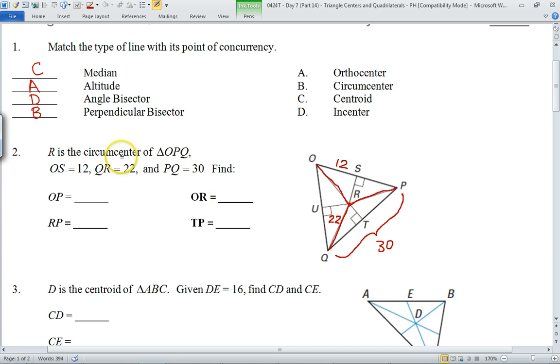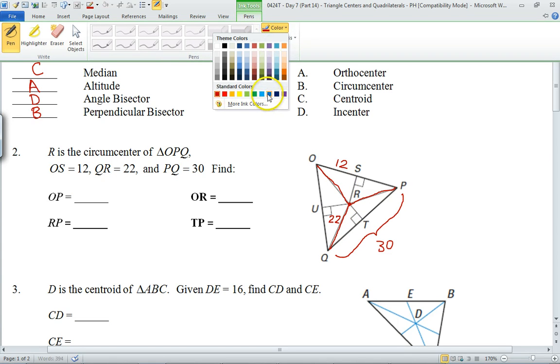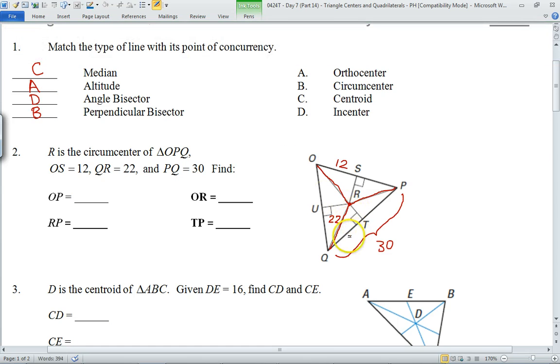Now, the circumcenter is the intersection of perpendicular bisectors. So these lines that go all the way across, see how it's perpendicular? It's also a bisector, which means, I'm going to switch colors. Because it's a bisector, that means if this whole thing is 30, then this is 15 and 15.